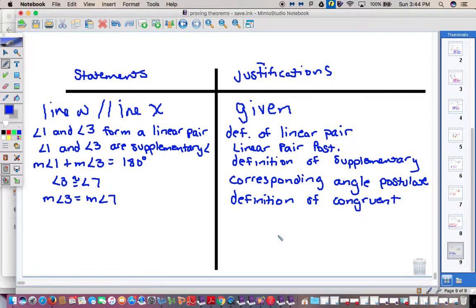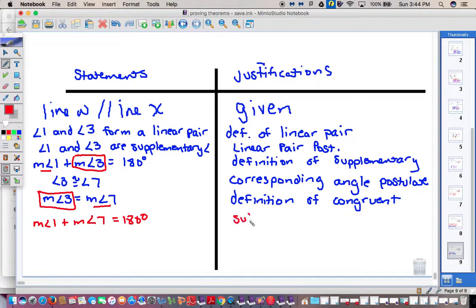Okay. And then we can replace. And we're trying to work with the measure of angle 1 and the measure of angle 7 and prove that these two angles are supplementary angles. So do we see here the measure of angle 3 is equal to the measure of angle 7? So why don't we use some substitution? So we can say the measure of angle 1 plus the measure of angle 7 equals 180 degrees.